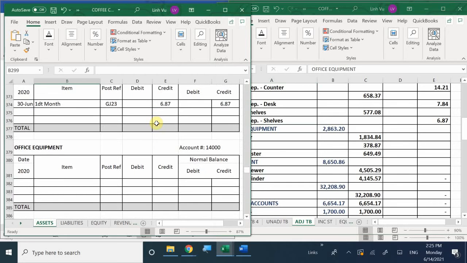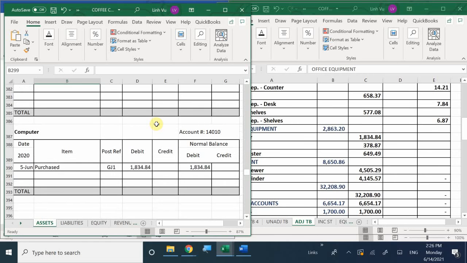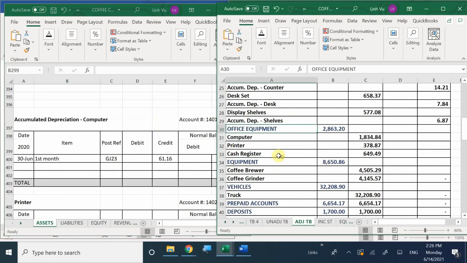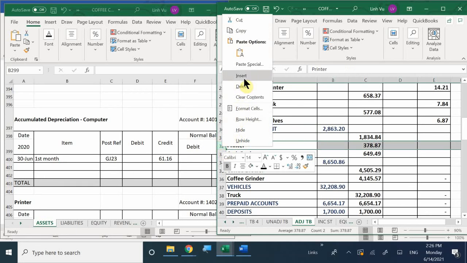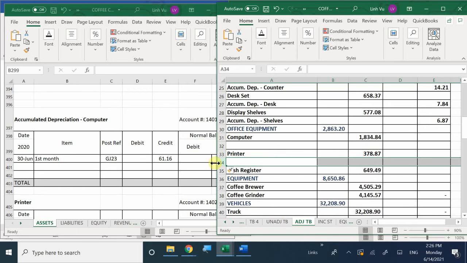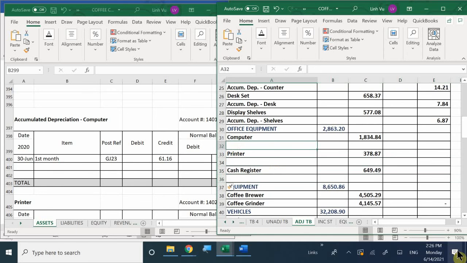So office equipment, right? We had a computer, a printer, and the cash register. So let's go ahead and insert our boxes here, because we got to make room for all of the accumulated depreciation.